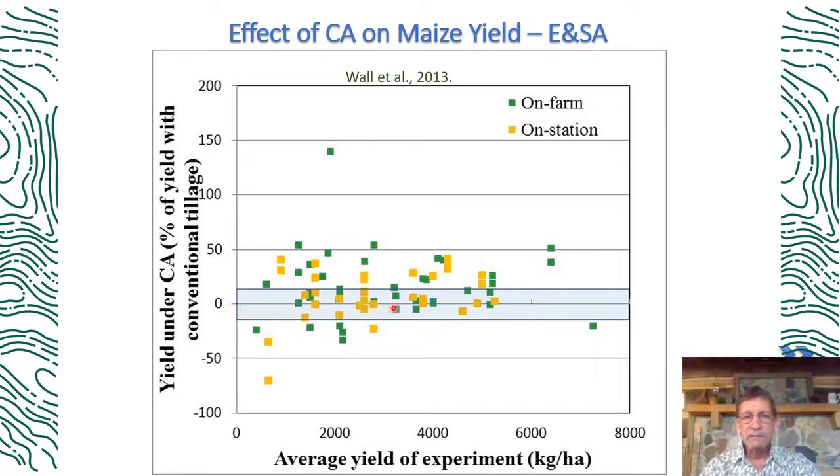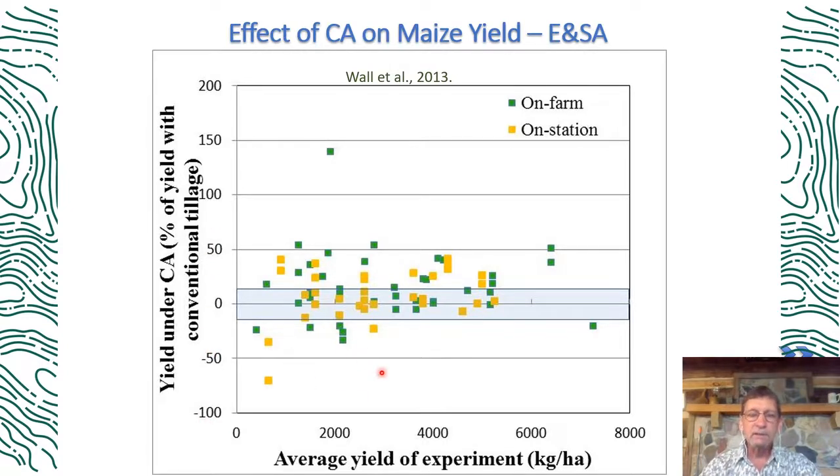And this 0 line right across the middle indicates that the yields of conservation agriculture using only those 3 principles alone were equivalent, the same yields as those from conventional agriculture in these experiments. If the square is above the 0 line, it means that CA yielded more, and the percentages here on the y-axis.